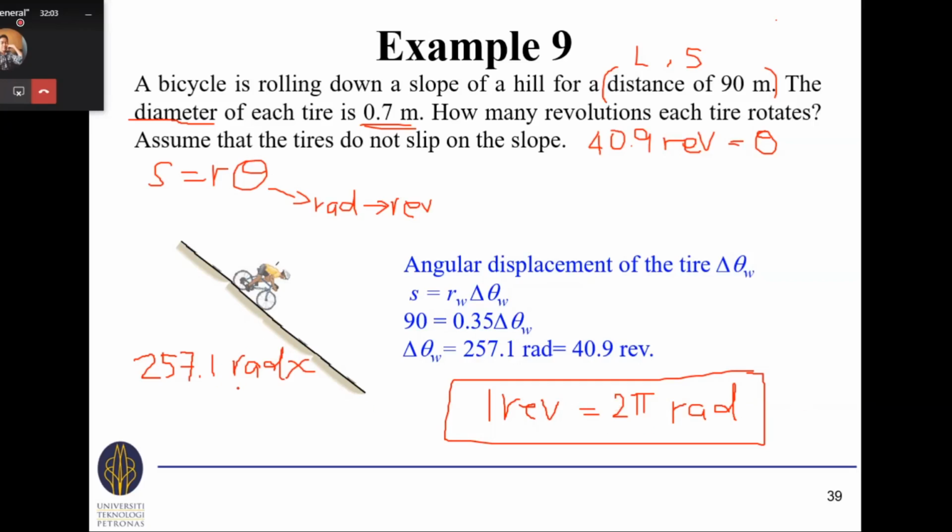So in order to cancel this rad, you must put the rad down here. One revolution is equal to 2 pi rad, so rad and rad are cancelled. There you go, you have 257.1 divided by 2 pi, so you will get 40.9. Do you get that? Yes.